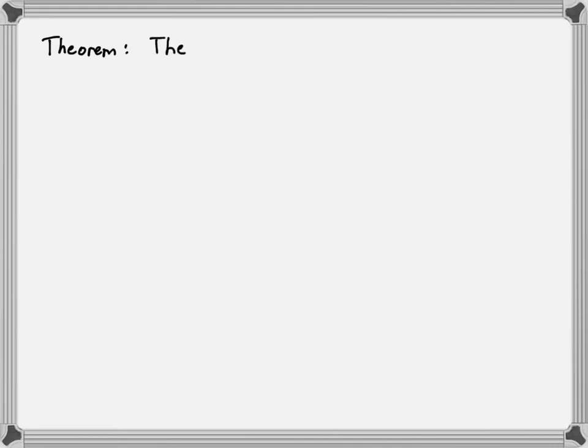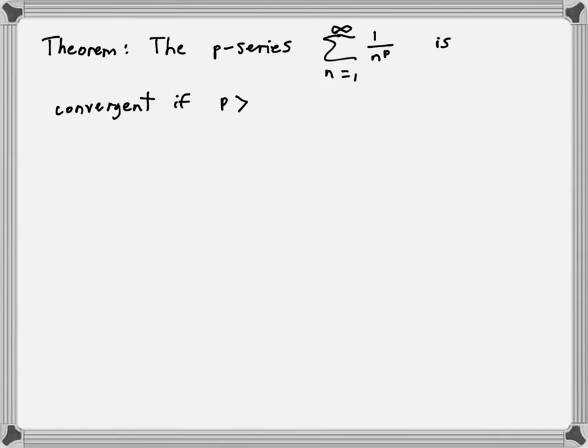The p-series, okay, this p-series 1 over n to the p is convergent if p is bigger than 1 and divergent if p is less than or equal to 1.